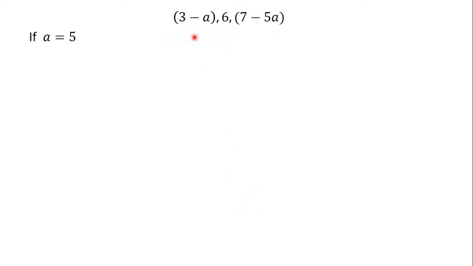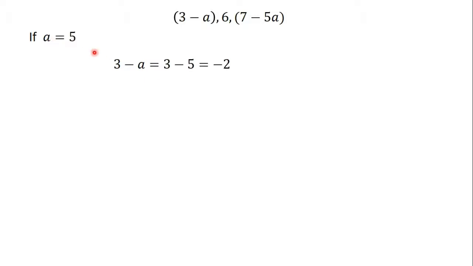Remember that the GP given to us in the question was 3 minus a, 6, and 7 minus 5a. If a is equal to 5, then the first term of the GP, which is 3 minus a, will be equal to 3 minus 5 since a is equal to 5, and this will give us minus 2.